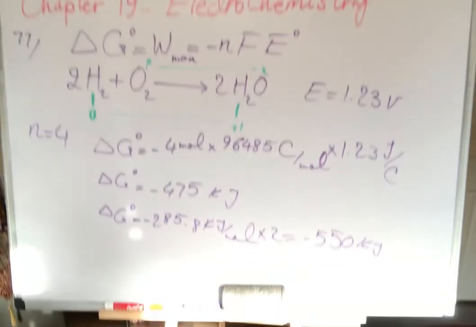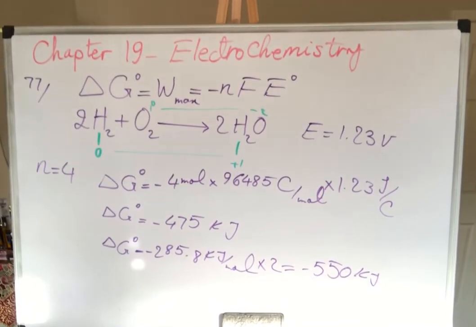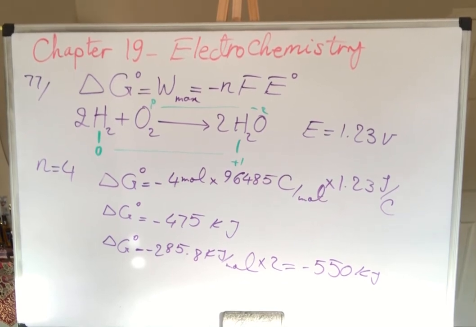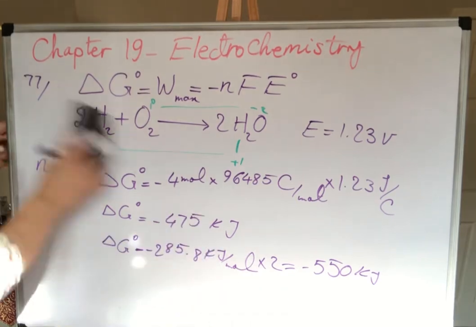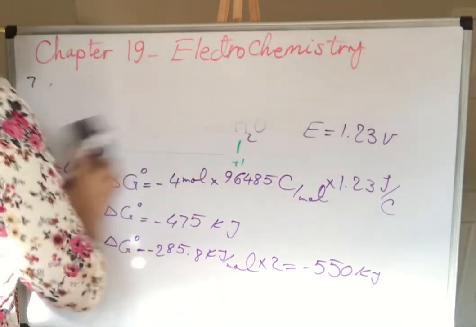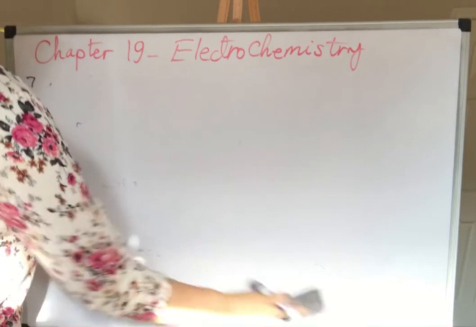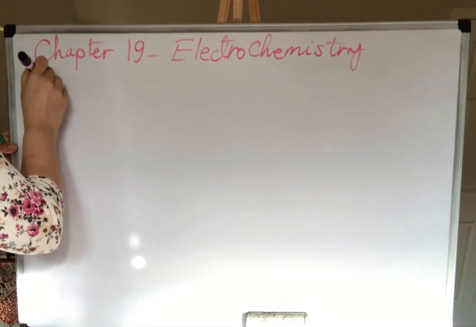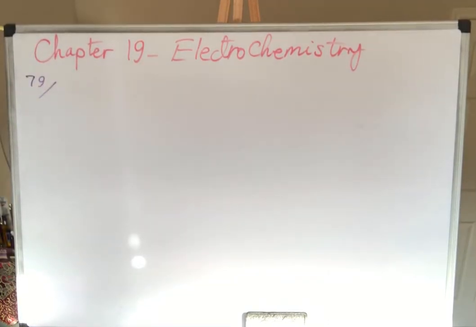Okay, now the next thing, question 70, slide 79. On slide 79, a voltaic cell consists of a half cell with iron dipping into an aqueous solution of 1 molar FeCl2, and the other half cell with Ag dipping into an aqueous solution of 1 molar AgNO3.